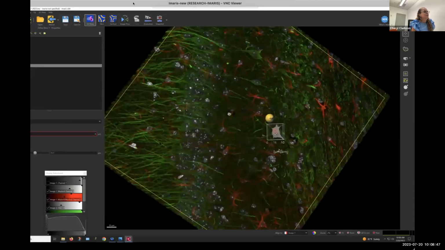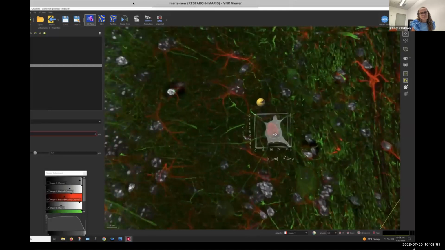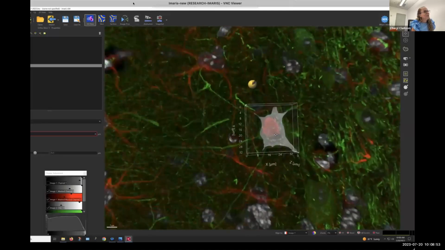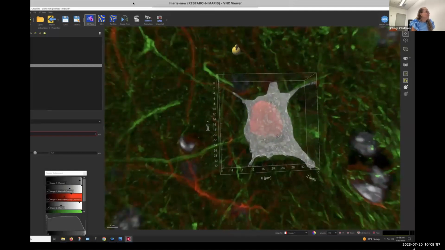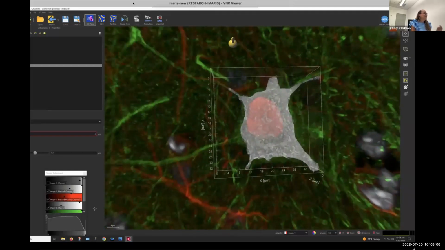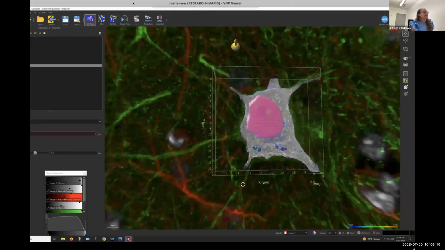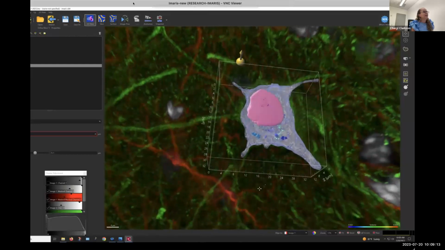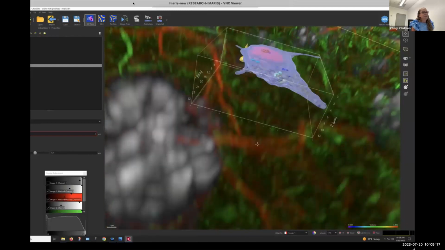It's lagging a little bit, because all this high technology also means a lot of gigabytes of data. So you can see that we have a very nice reconstruction that can be shown to all of you, with our EM data fused with our light microscopy data.